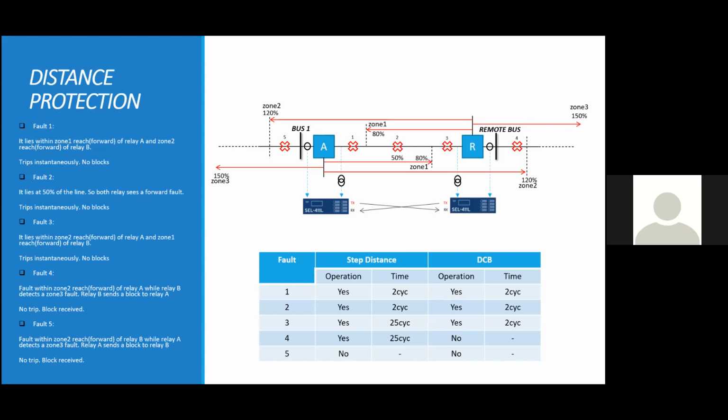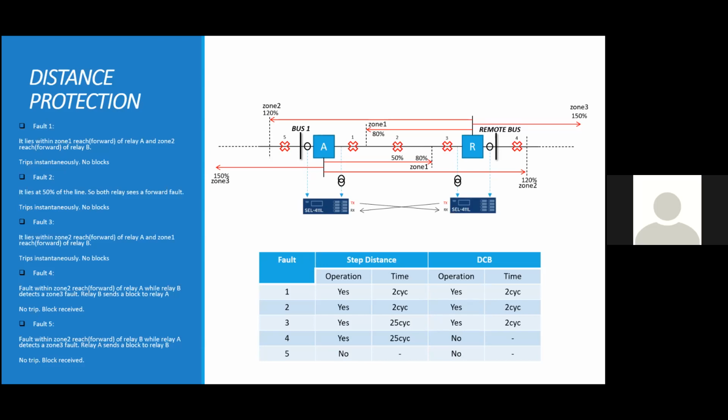So as the remote relay R detects a zone 3 fault, it sends a block signal to relay A saying that the fault is not on our transmission line, it's beyond our transmission line, and you're not supposed to operate. So it sends a block to the local terminal relay A.